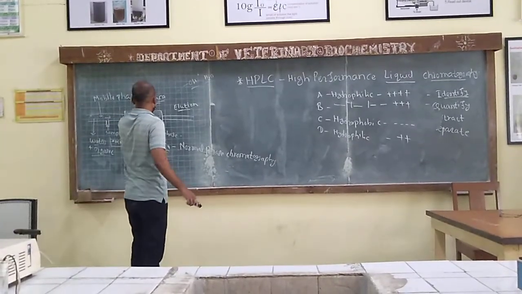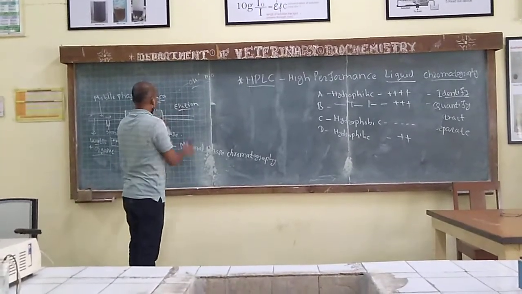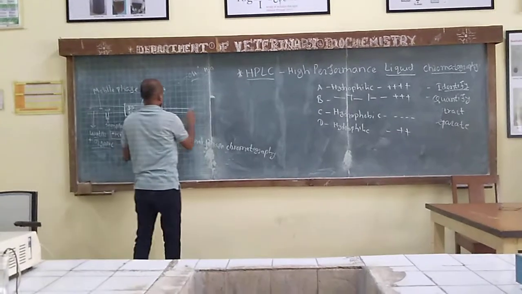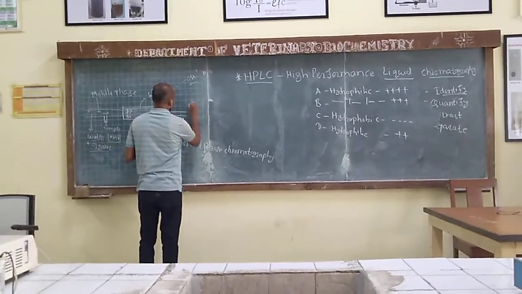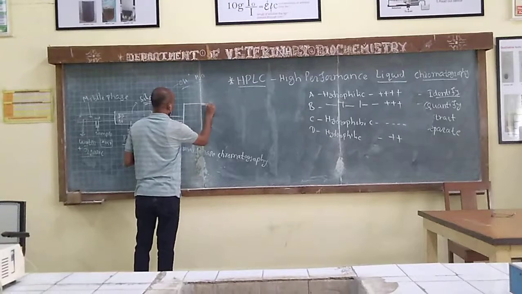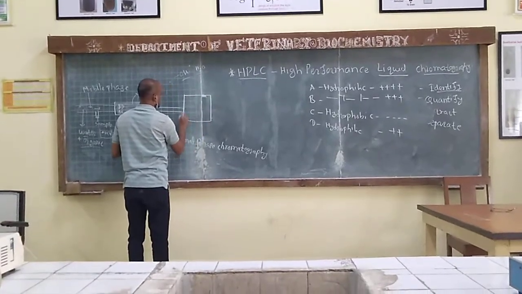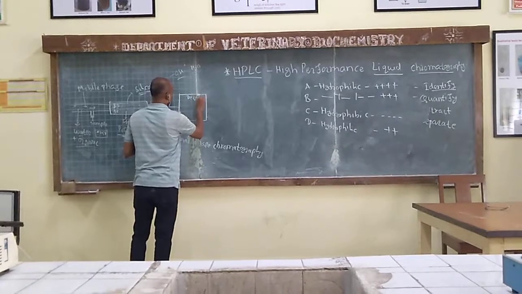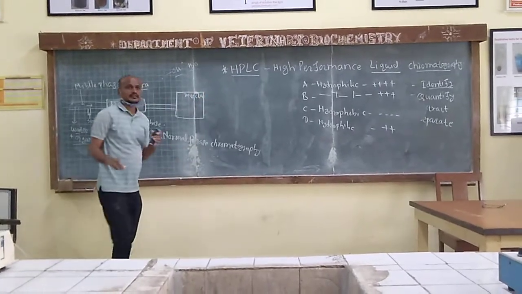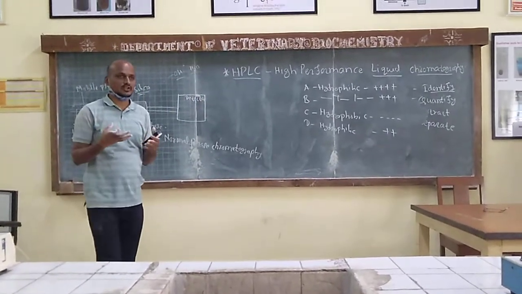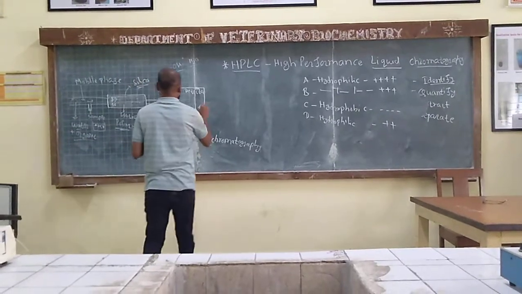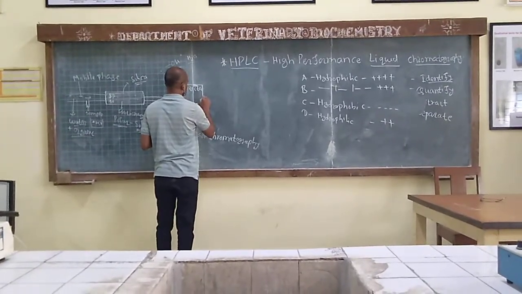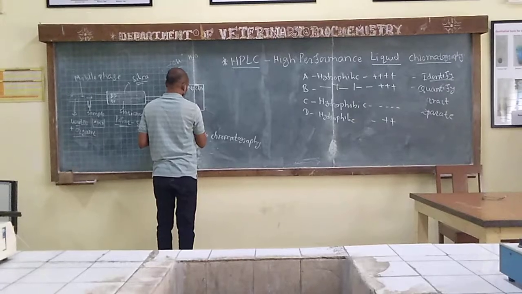Now we pass this under pressure, then we have to see the elution. We can send it to the detector. What is a detector? It detects the molecules, right? Different types of detectors are there. Simply, we will try to discuss.